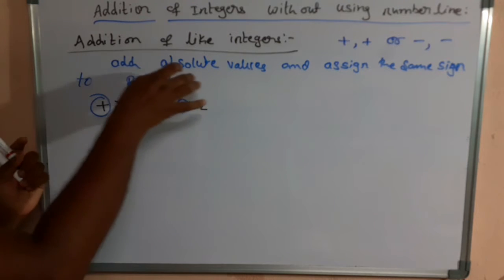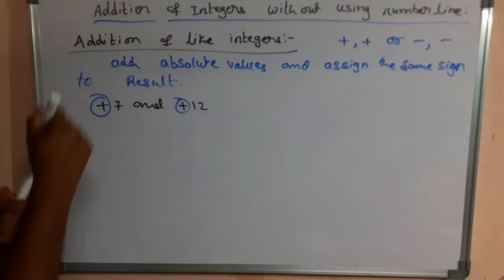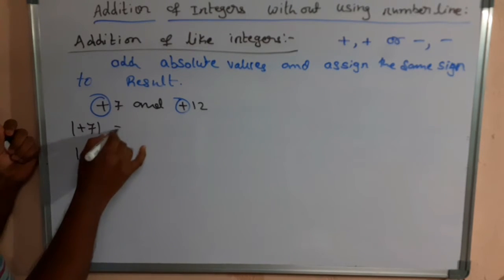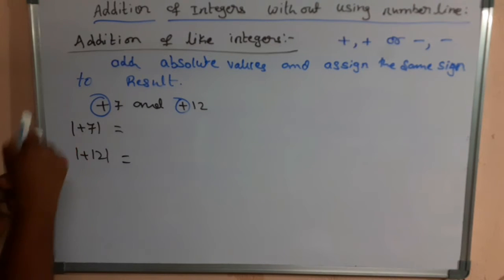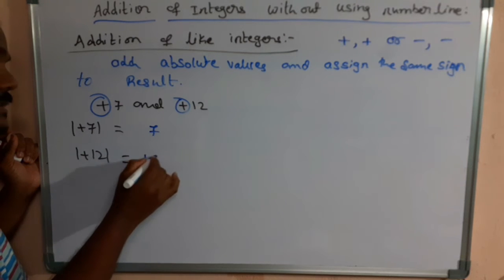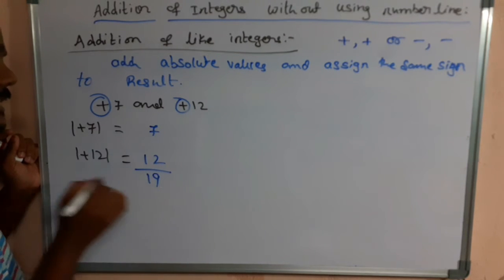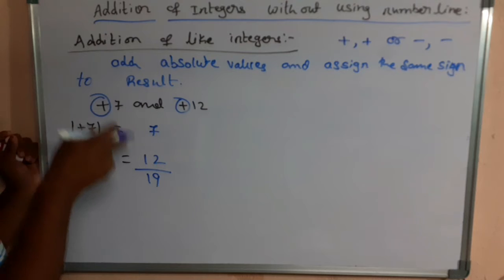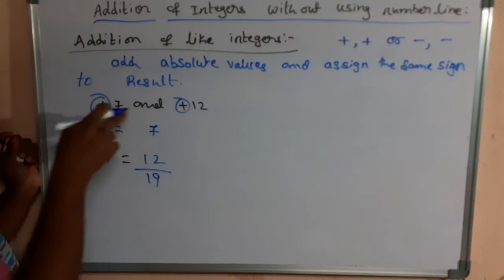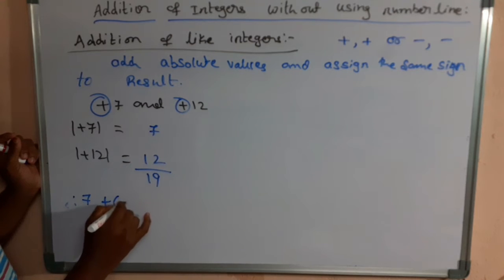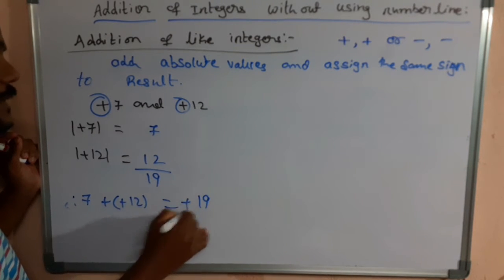So to add these like integers, we take the absolute values of 7 and 12 and add them. The absolute value of 7 is 7, the absolute value of +12 is 12, and adding them you get 19. For the sign, we take the common sign which they have, as these two are positive. So the sum is 19, positive 19.